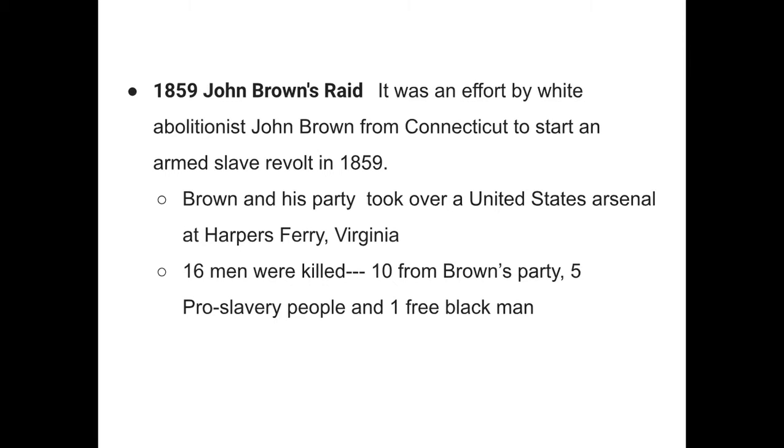He will overthrow that, and he will take the guns out of a place in Harper's Ferry, Virginia, and he will take those guns and kill 5 pro-slavery people and 1 free black man. He'll also have 10 in his party killed, and eventually he'll be caught and he'll be hung for this. But this and all the other events are leading more and more people to draw a definite line in the sand that's going to bring us to the war.